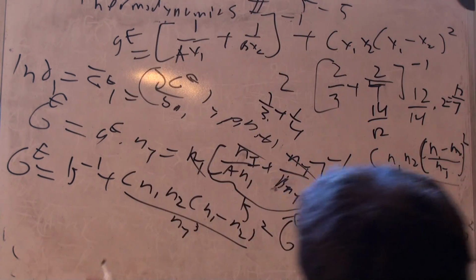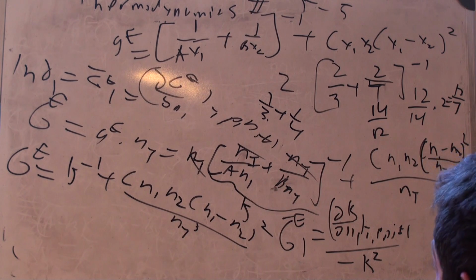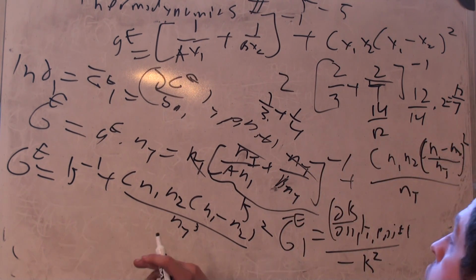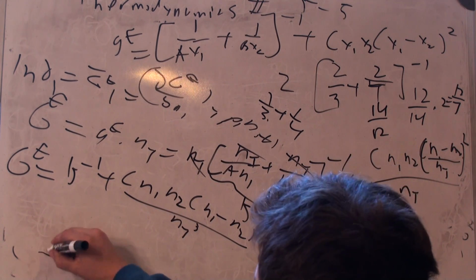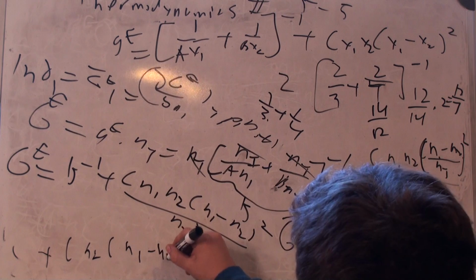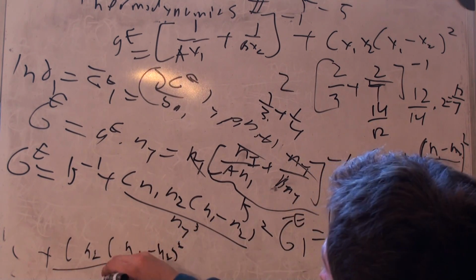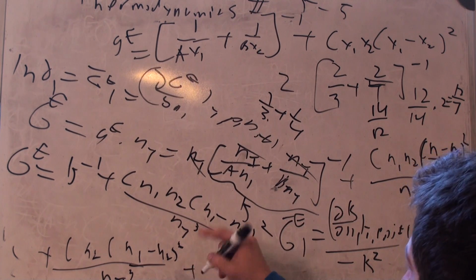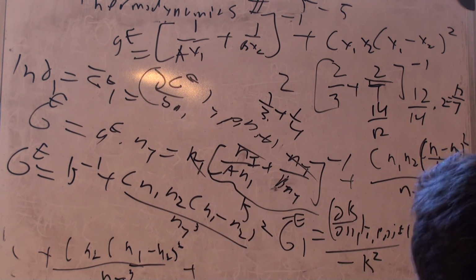There's a really big product rule. Let's just do them one by one though. So I've got plus C N2 (N1 minus N2) quantity squared over N total cubed. Plus, well, the N2 is constant, so I can move on to the next one.